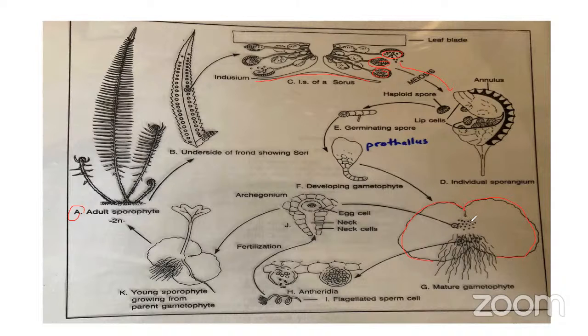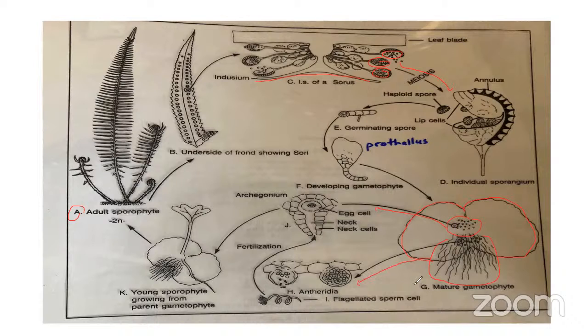Here we see our archegonia producing the egg cells. And on the opposite side, these tendril-like structures, those are our male structures, the antheridia, producing the sperm cells, which have flagella.